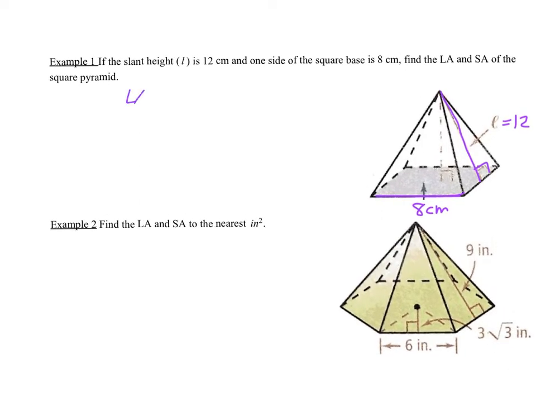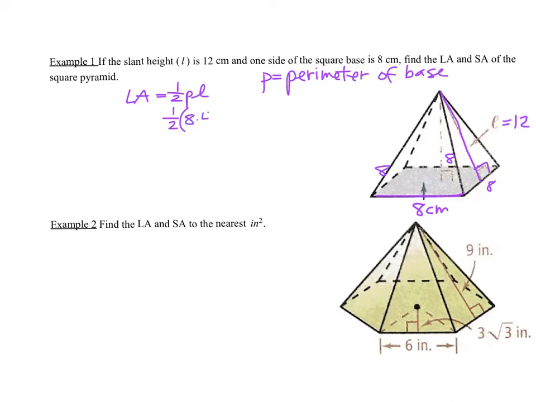Well, I know the formula is 1/2 PL. So I'm going to go 1/2, P being the perimeter of my base, right? So think about what that would be here. That would be 8 times 4, right? 8 plus 8 plus 8 plus 8 would be the perimeter of my base.